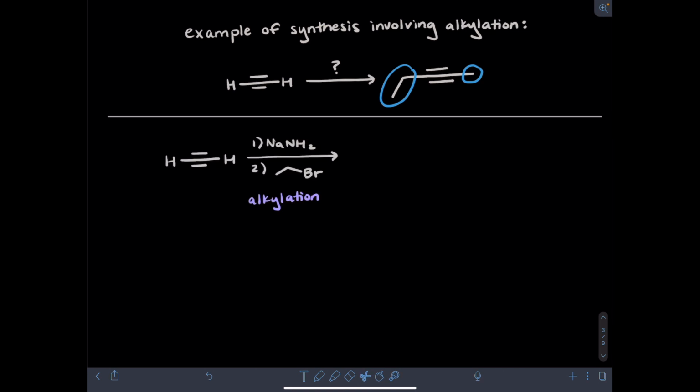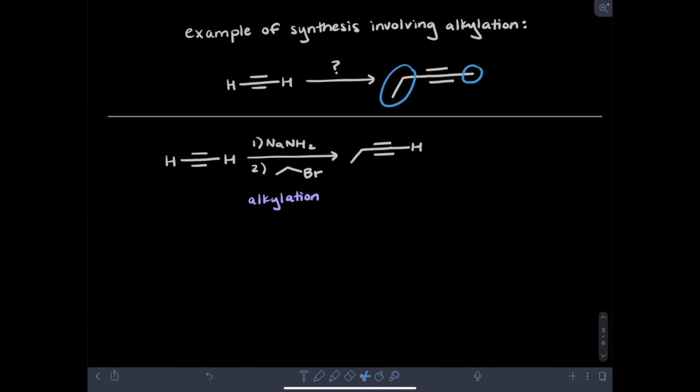To first install the ethyl group on the left, I could treat the terminal alkyne starting material with the base NaNH2. This would generate the conjugate base that could serve as a nucleophile in an SN2 reaction with a 2-carbon alkyl halide. These 2 steps together give the alkyne alkylation.